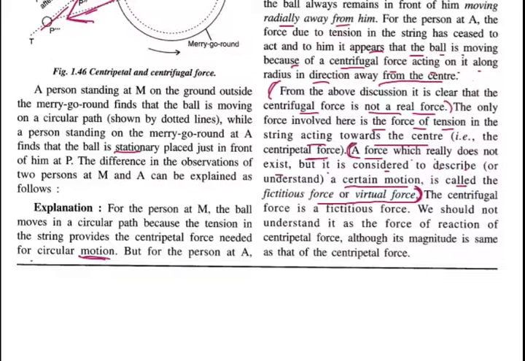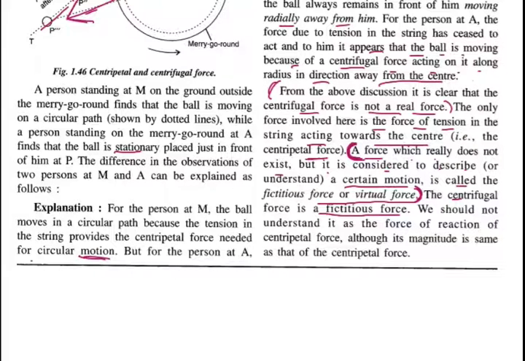So this is the definition: centrifugal force is a virtual force or fictitious force, a force which really does not exist but is considered to describe a certain motion. The centrifugal force is a fictitious force.